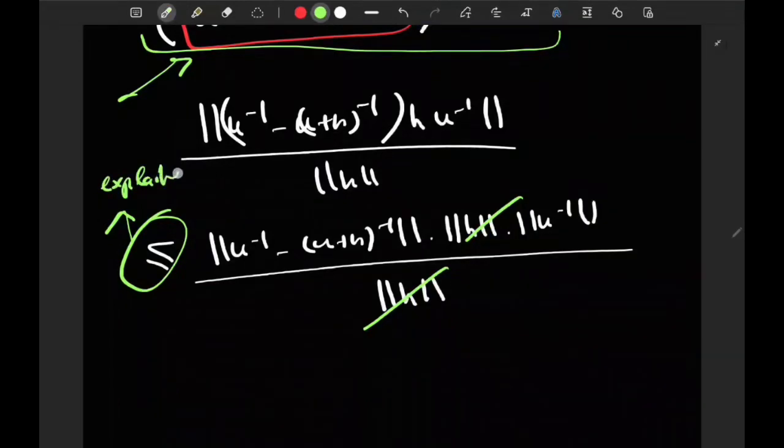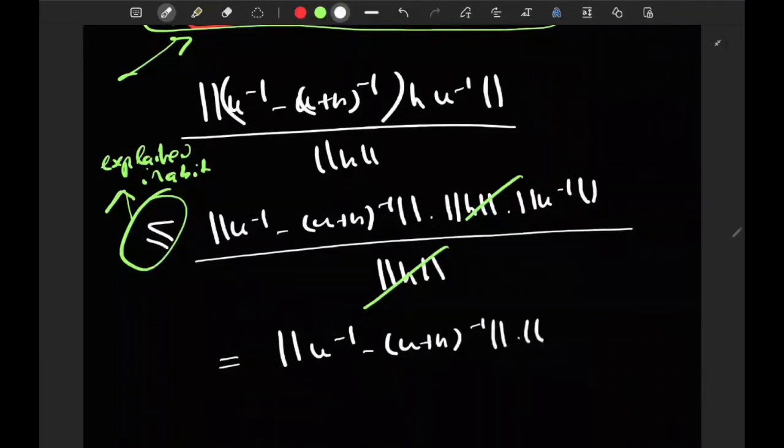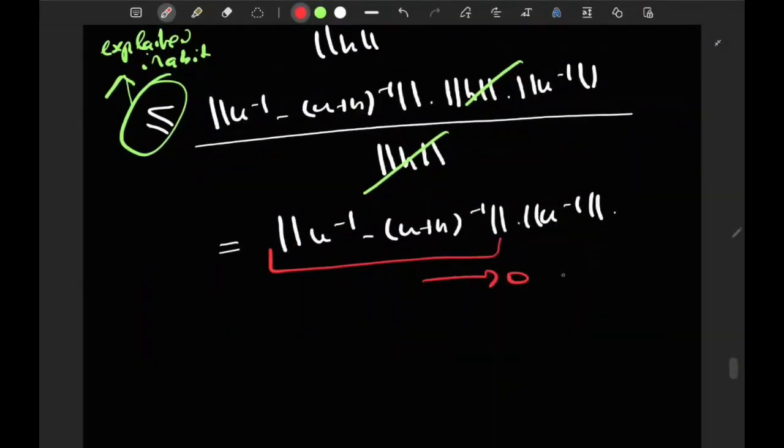What I'm left with is just the norm of U inverse minus U plus H inverse times the norm of U inverse. Now, this expression here goes to 0 because phi is continuous.